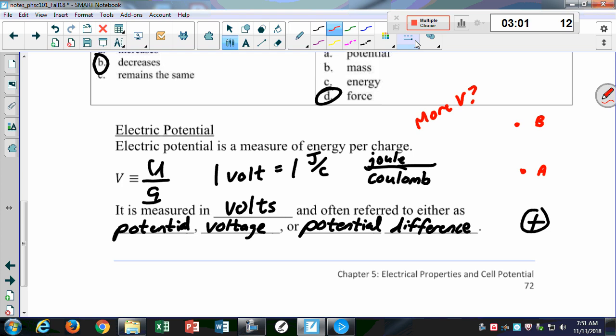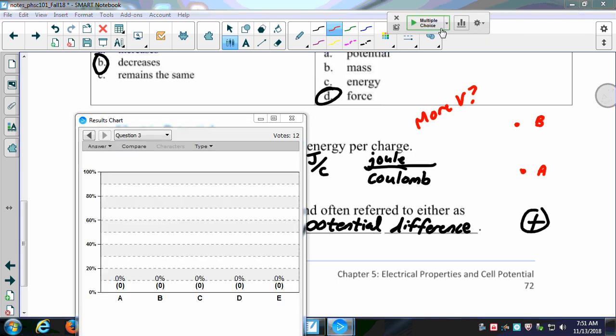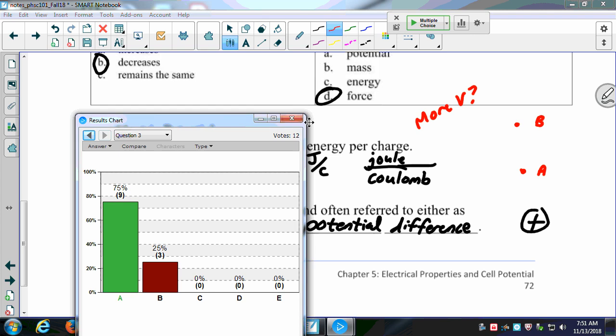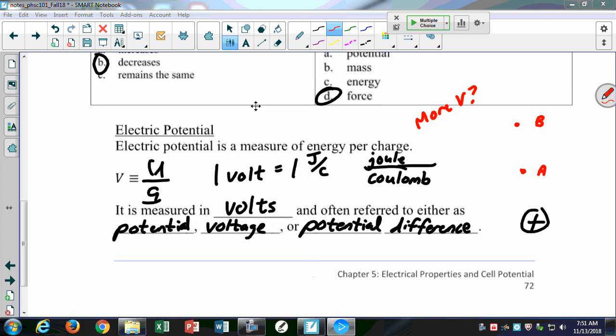All right. We'll stop at 305. A is right. Very good. Why does it have more potential energy at A? It's closer, so it experiences a greater force, and so it has more potential for what?